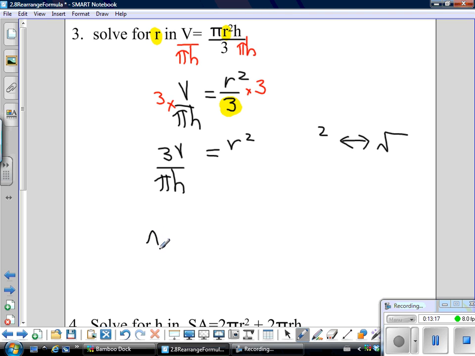What we have, however, is variables. So what we end up with when we take the square root is this monster-looking thing that looks pretty ugly to our brains. So we end up with the square root of 3v divided by pi h, and that will equal our r. So it is kind of ugly looking.